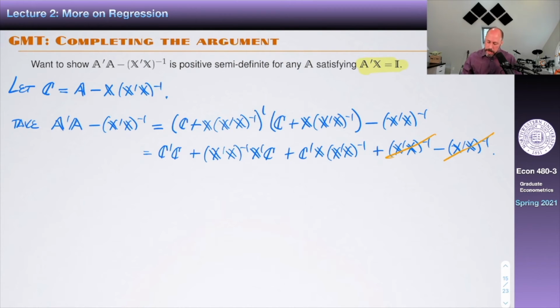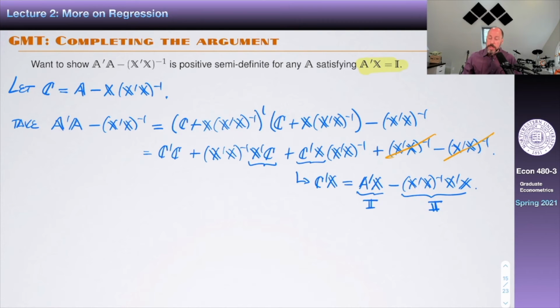For the other terms, we have x prime C and C prime x. Take C prime x. Well, this is a prime x minus x prime x inverse x prime x. This is the identity, and this is the identity as well, because of the condition that we derived for this matrix A, which we require for the estimator to be conditionally unbiased.